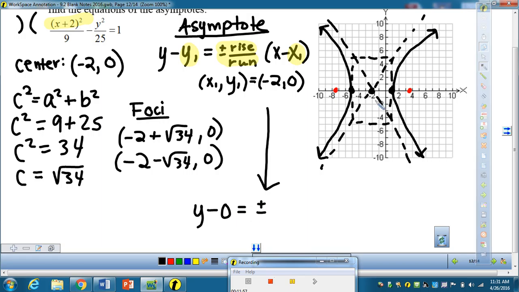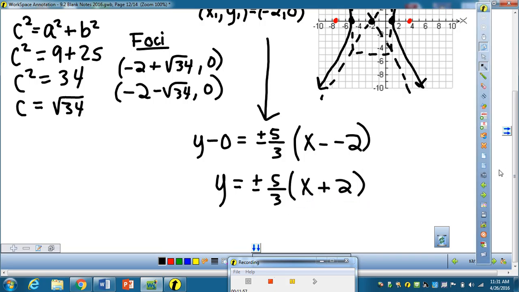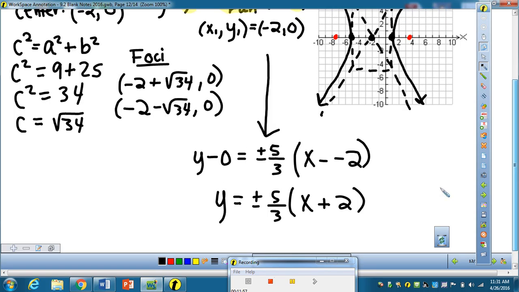The rise over the run this time, we went up 5 and then we went over 3, so it's 5/3. And then it's x minus -2. So altogether, we've got y equals plus or minus 5/3 times (x plus 2), and those represent two equations, one plus, one minus. Those represent the equations for our asymptotes.